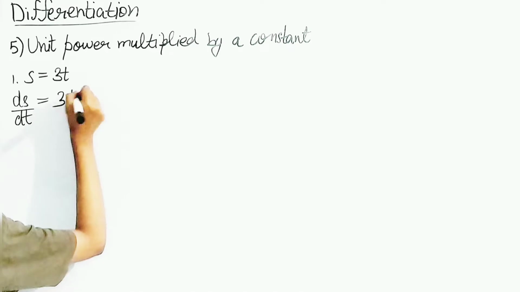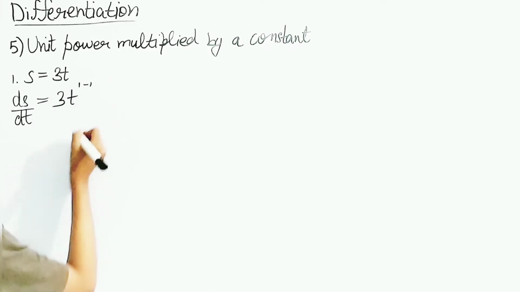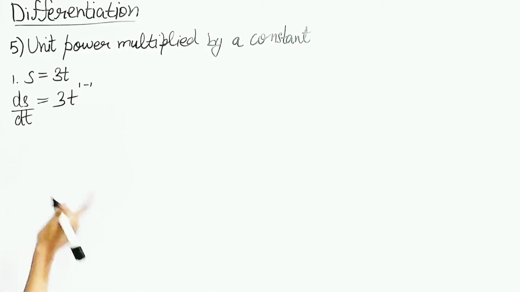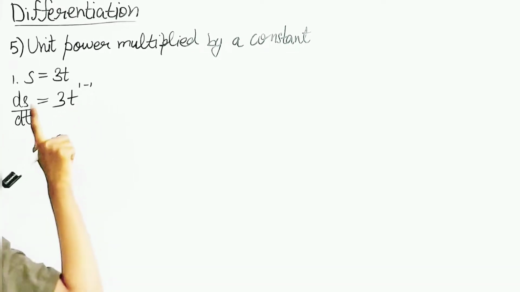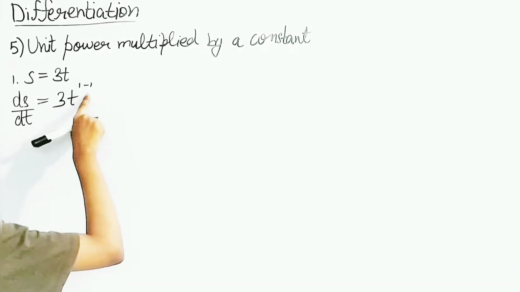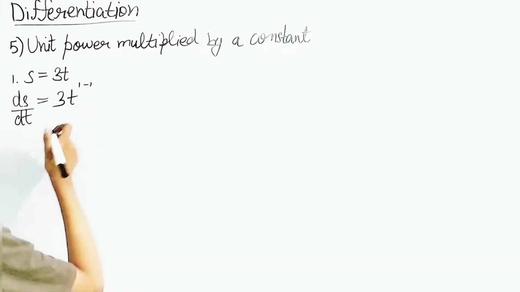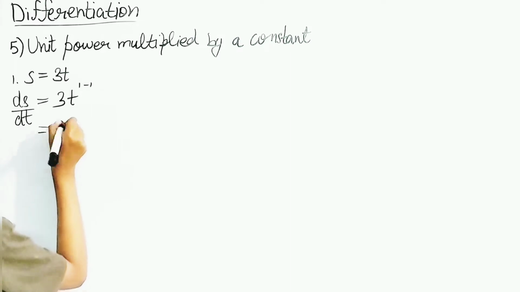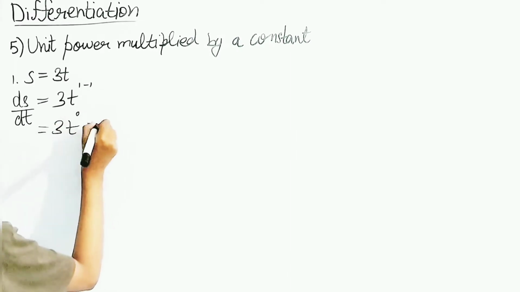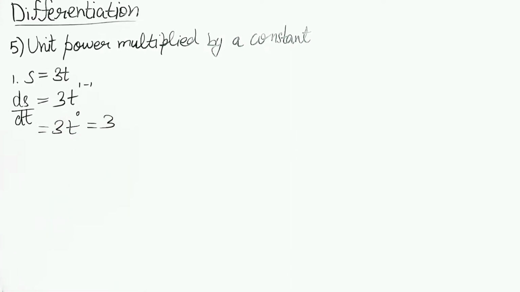As t's power gets subtracted from 1, 1 minus 1, it's going to be 3t to the power 0, which will be 3. That's it, we're done with this one.